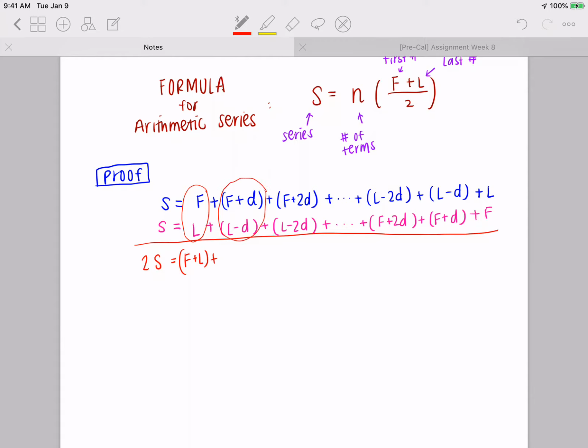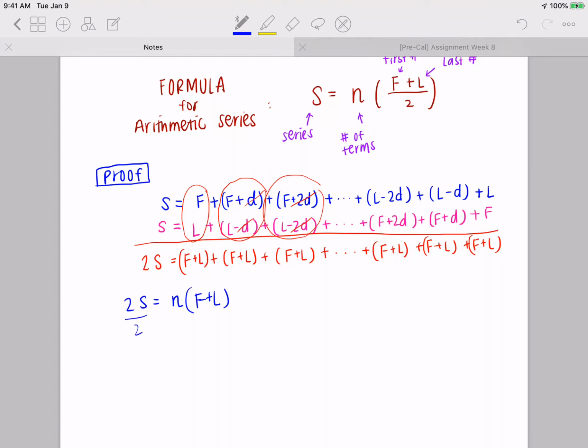D and D actually cross off, we get F plus L. And then the next term, we cross out these again, we get F plus L, and dot dot dot, we get F plus L also, F plus L, and F plus L. Okay, F plus L, we have a lot of them, and it really depends on how many numbers we have, which is in this case N, equals 2S.